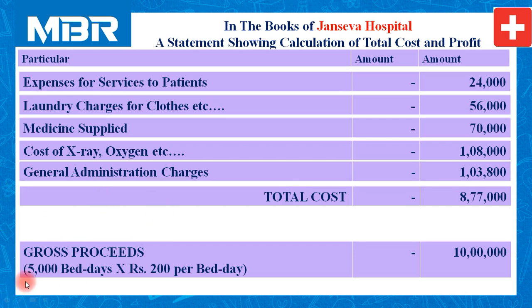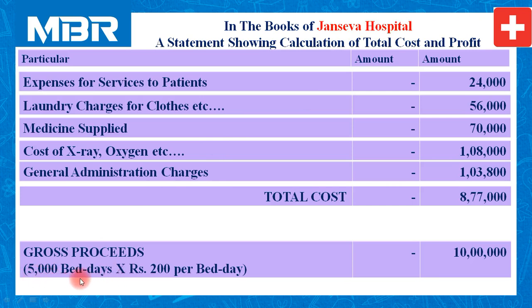As per the information available to us in the question, we have completed our calculations and we come to the conclusion that there are 5,000 bed days for the Jan Seva Hospital during the year 2018-19.